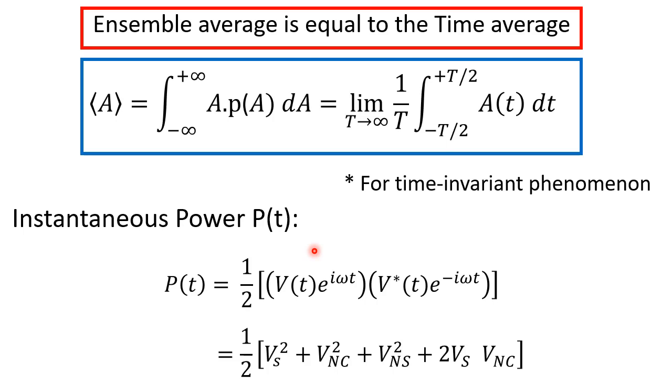In the context of our treatment, we are looking at power as the measurement. Remember, we are looking at square law detectors. That would mean that I don't measure V, but I measure the product of the V, right? So the average can be written down as half of V of t exponential i omega t times its complex conjugate, which is V star exponential minus i omega t.